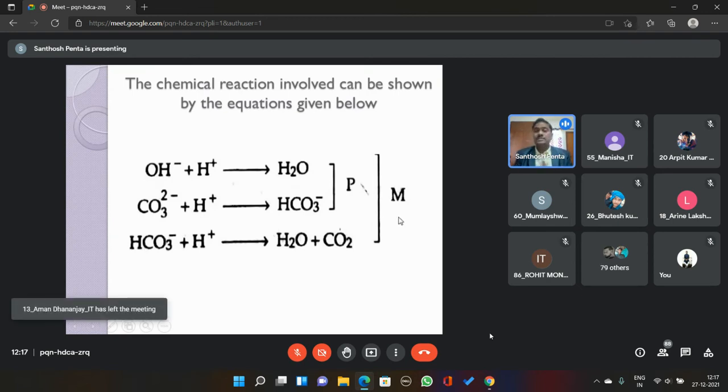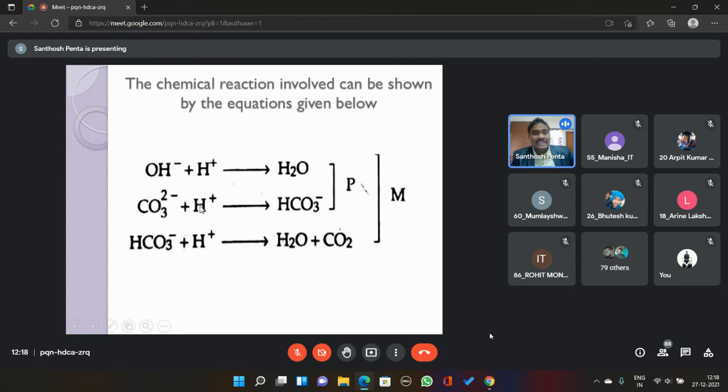Once again, one more point for the phenolphthalein indicator. For the neutralization of hydroxide ion, only 1 mole of H plus ion is required, which produces H2O. But for complete neutralization of carbonate (CO3 2-), 2 moles of H plus ions are required.